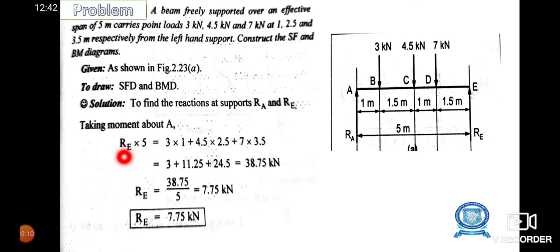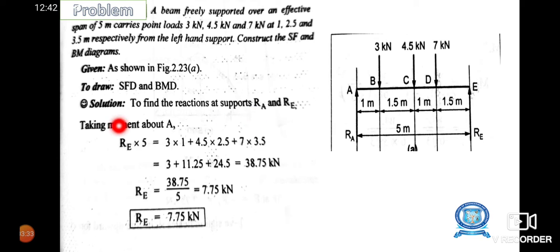So RE into the total distance of the beam, the distance between E and A, that is RE into 5 is equal to 3 into 1 plus 4.5 into 2.5 plus 7 into 3.5.